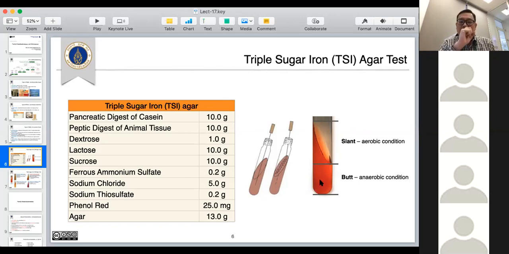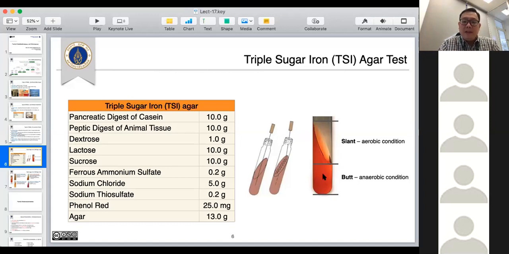When you stab, the technique is not to stab to the bottom of the tube. You pierce the needle around 2/3 of the depth. Otherwise, bacteria can grow out of the stab area, along the edge of the agar around the tube, which also generates aerobic condition.